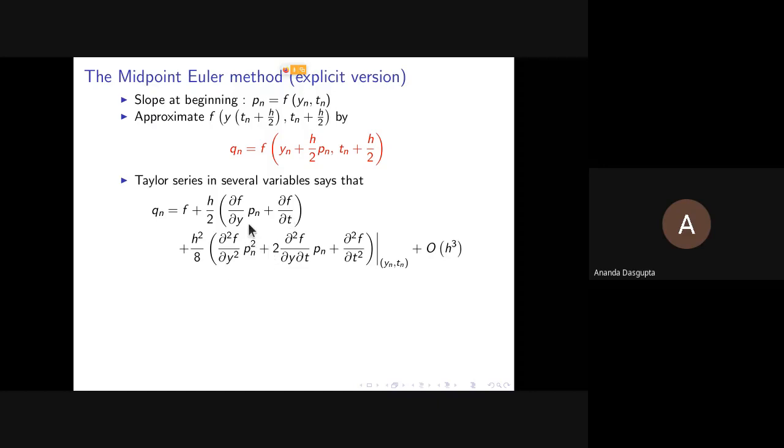We are claiming that our method is accurate to order h square, so we have to calculate the order h square terms, which involve the second derivative del 2f del y2 into the square of h by 2 pn. So h square by 4 pn square, with an extra 1 by 2 factorial in front, plus del 2f del t2 into h square by 4 into 1 by 2, that's the Taylor series formula, plus the cross term that you have.